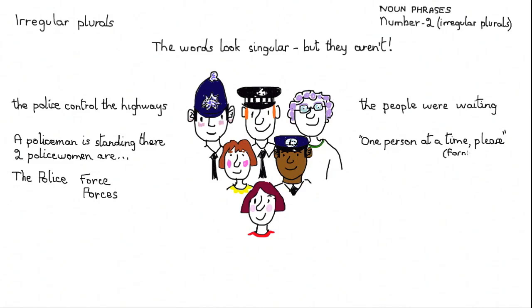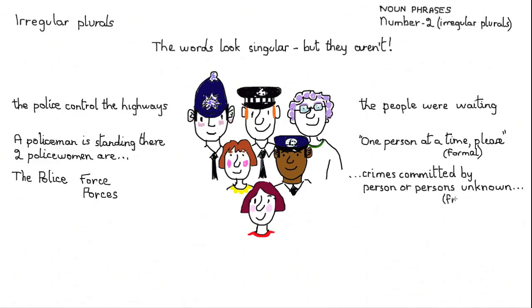So it's a bit formal. So I'll write the word formal there. And here's an example of the plural, which is even more formal. Here we go. Crimes committed by person or persons unknown. That's very formal. So formal, I'm going to write frozen here. By frozen language, I mean the kind of language used in legal documents and notices.